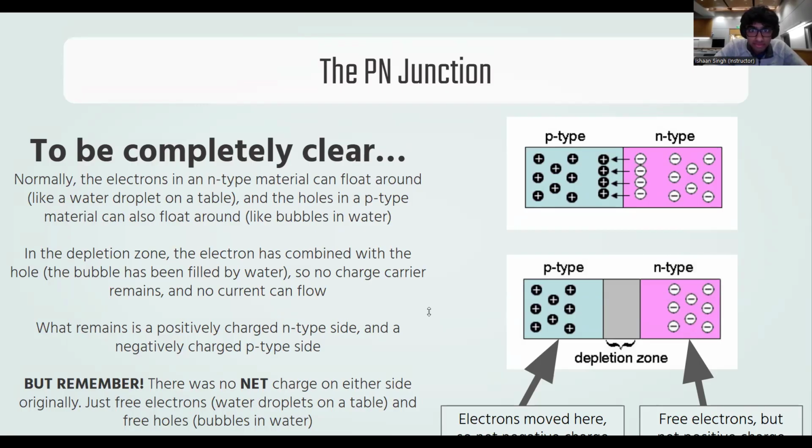I think the diagram is what's confusing people because it's showing positive and negative charges. But I want you guys to remember that the positive and negative charges that the diagram is showing aren't actual real charges that exist in the material. You can think of the negative as actual electrons, and the positive you're going to think of as places that the electrons are trying to go to.